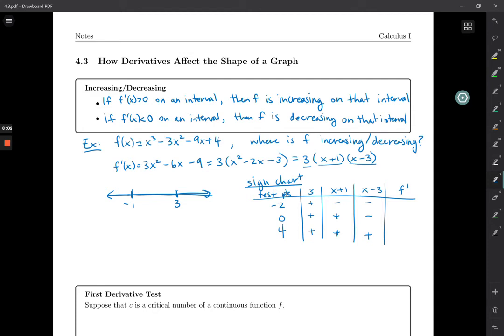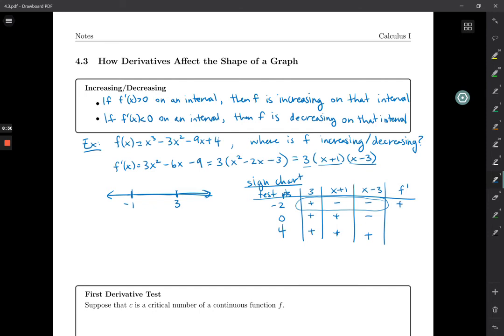Okay, so to fill in this last column, we look at the entire row. So I'm focusing on this part of the chart, and just imagine we take a positive number, multiply it by a negative number, and then multiply it by another negative number, and what we will get is something that's positive, right?